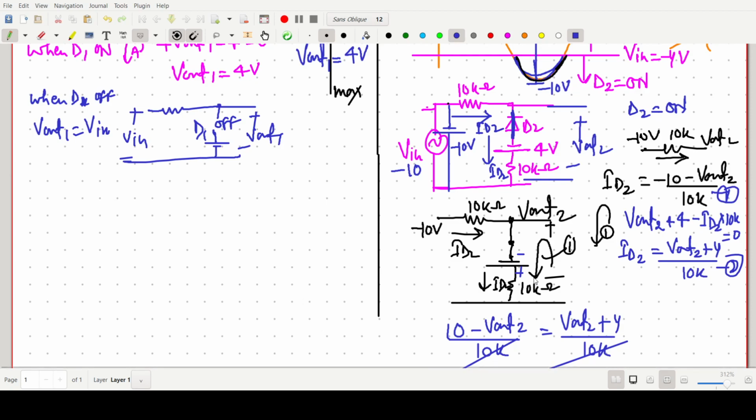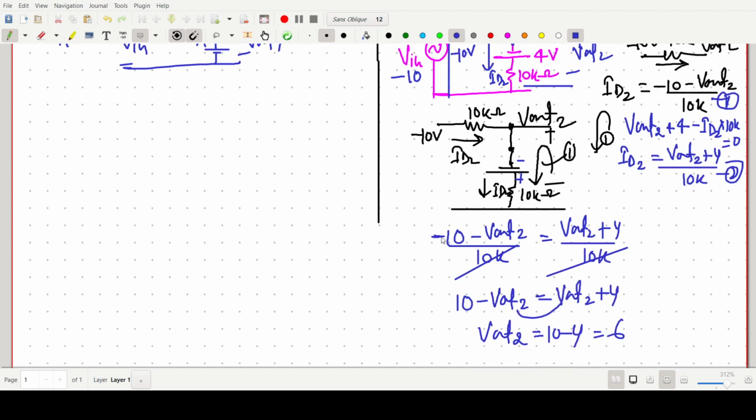Sorry, here we have to put a minus sign. Because I know the answer, that's why this one is minus 10. We forgot the sign here, so it should be minus 10. So this one is a mistake here. So it should be minus 10 equals twice V output 2 plus 4. So twice V output 2 equals minus 14. So V output 2 equals minus 7 volt.